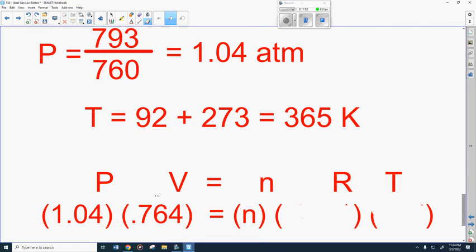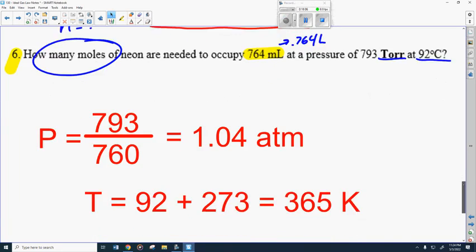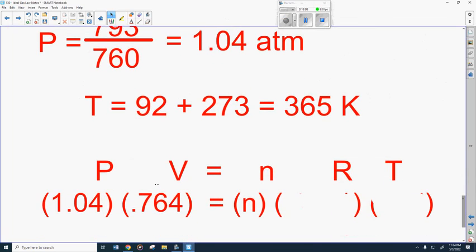N is what I don't know. It's what the problem's asked me for. If you take a look back up here, it says how many moles. So that's our N. We don't know what that is, so I'll just leave it as the variable N. R is good old 0.0821. Love it. And T is going to be our 365, which we just converted from those 92 degrees Celsius.